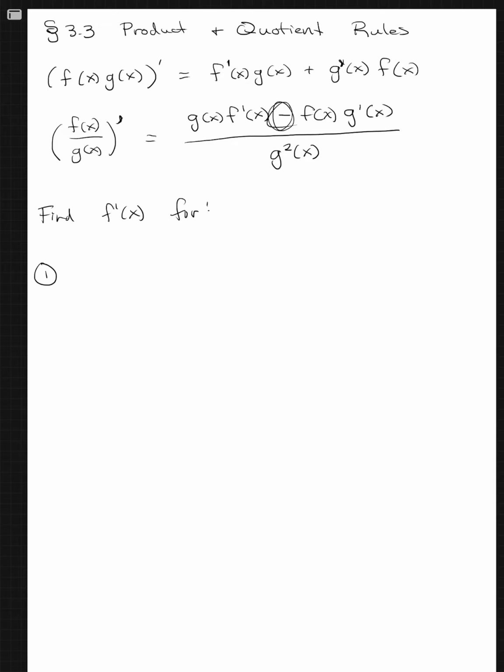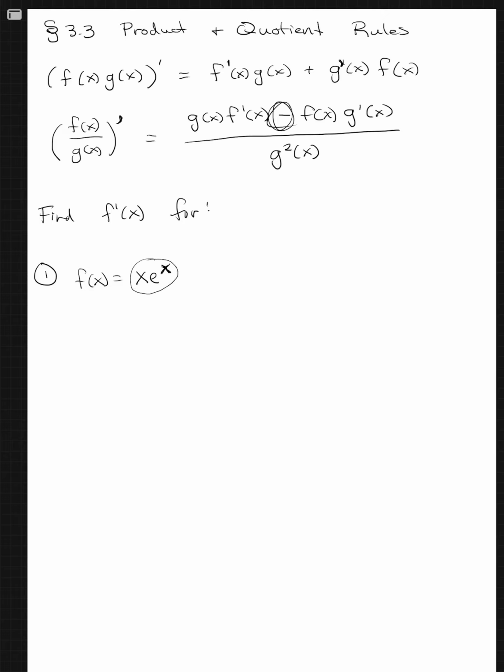So let's start off with something fairly simple. Let's have f of x is x times e to the x. Right? So this one is a product rule, right?